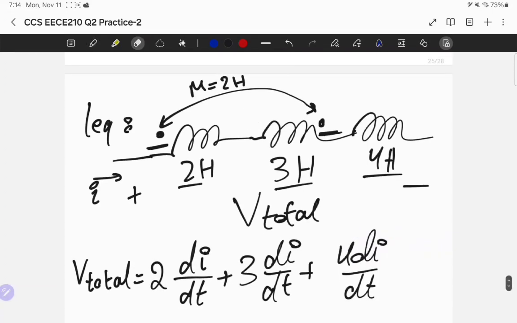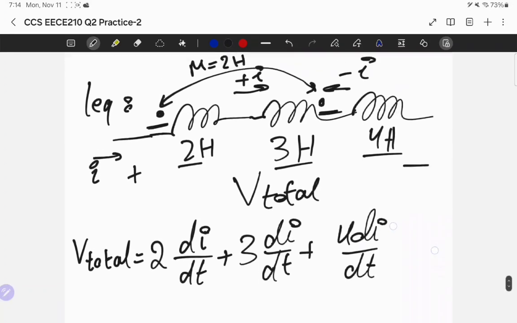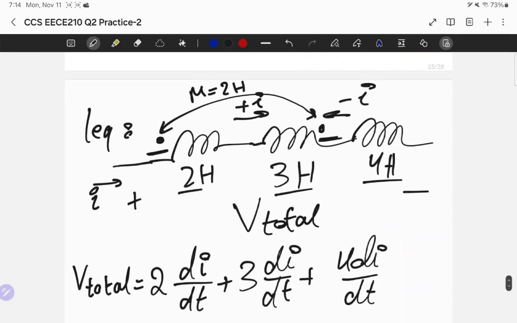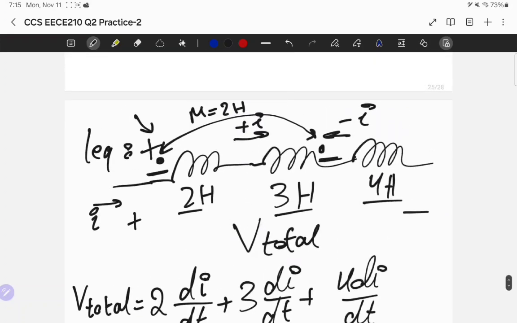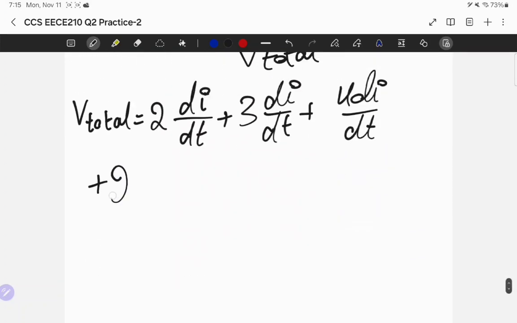Well, this current right here is minus I. If this is plus I, the current flowing in the opposite direction is minus I. And now that I've considered the current flowing into the dot, I create a plus in here. I create a plus at the dot of the 2 Henry. So plus, because I'm viewing the voltage like this in this direction. So plus 2, which is the mutual, d minus I over dt.